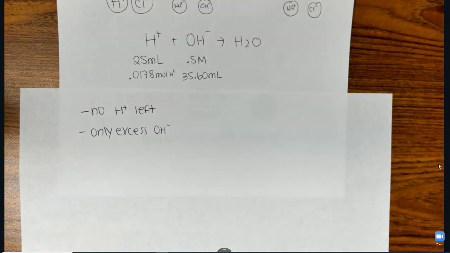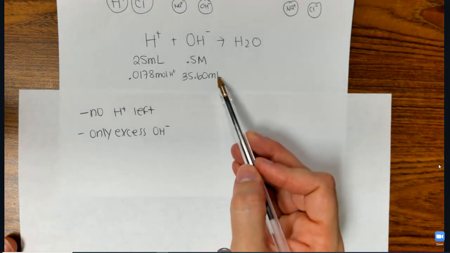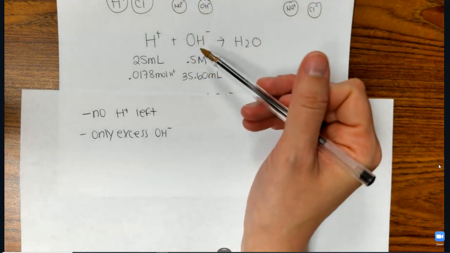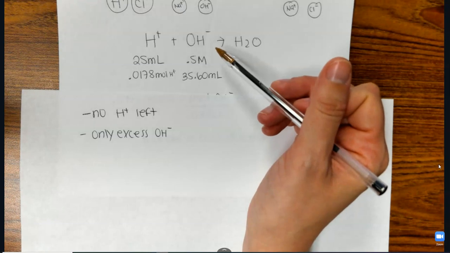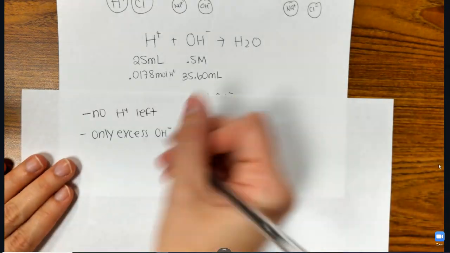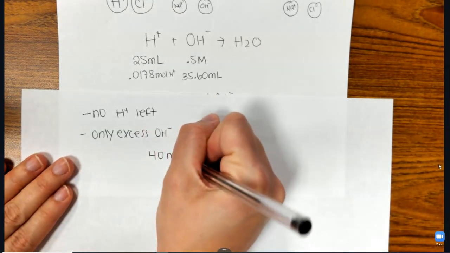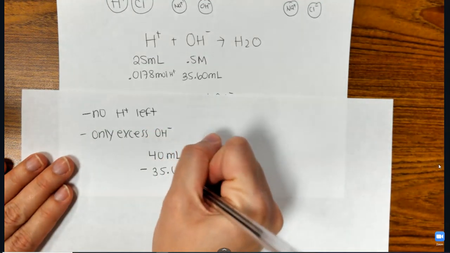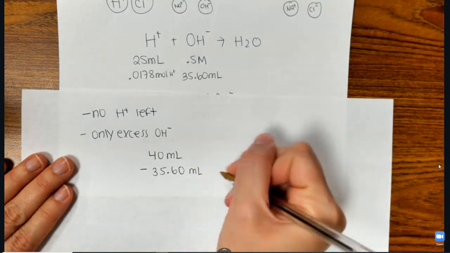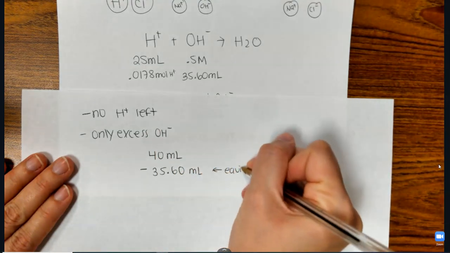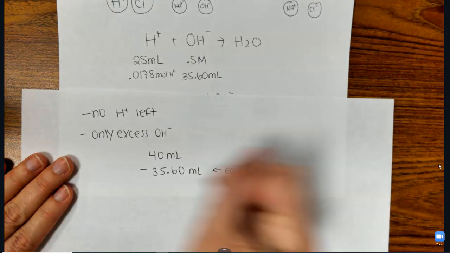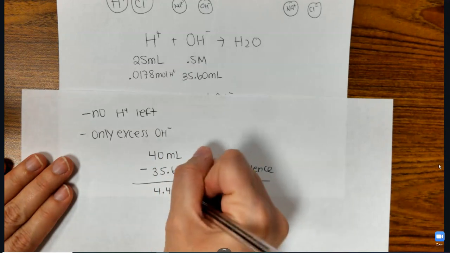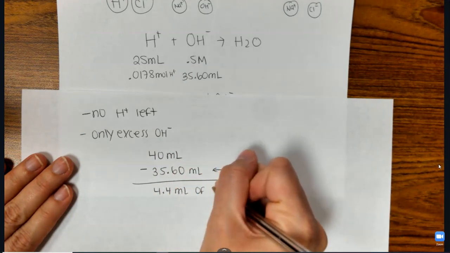Up to the equivalence point, which was 35.6 milliliters, all of this OH was neutralized by the acid. So how much is left over? You take the amount of base you added in total, the 40 milliliters, and subtract how much you needed to get to the equivalence volume. When I subtract that, I have 4.4 milliliters of OH excess.